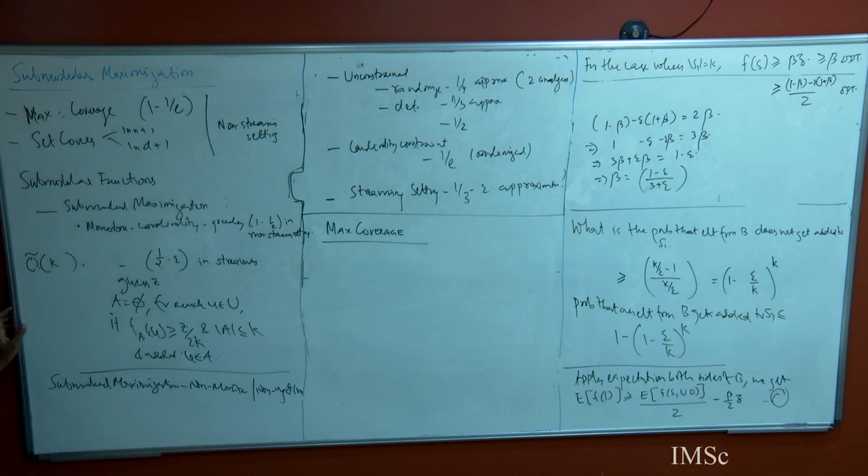If I just wanted to do max coverage, I could run one of these algorithms, because that is a submodular function, but how much space will that take? Let's try to understand that. Look, there is also some epsilon here, which I always hide. Okay? How much space will it take?